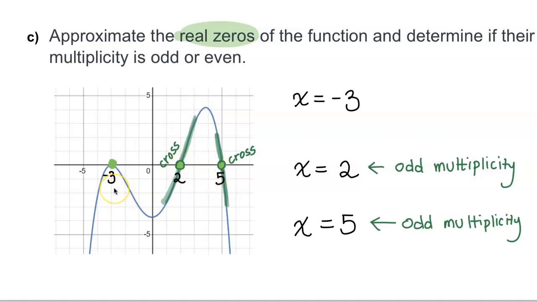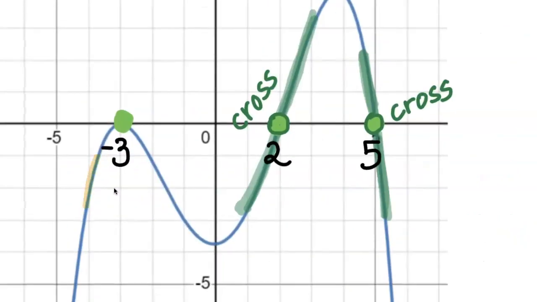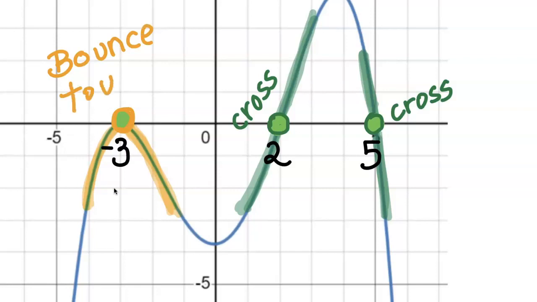Now look at -3 though. Something slightly different is happening here. So to the left of -3, the graph is below the x-axis, right? Now it didn't go up, right? It hit that -3. And what happened to the graph? It went right back down. So it bounced off and went back below the x-axis. So I think our textbook calls it, I can't remember if it was bounces or touches, but it was one of those two words, right? Bounces or touches.